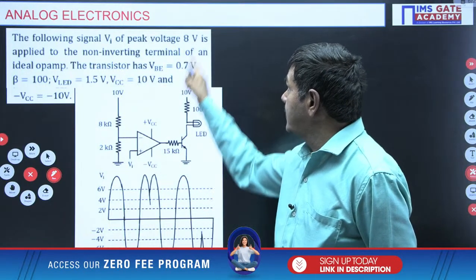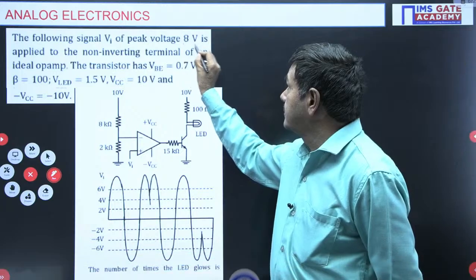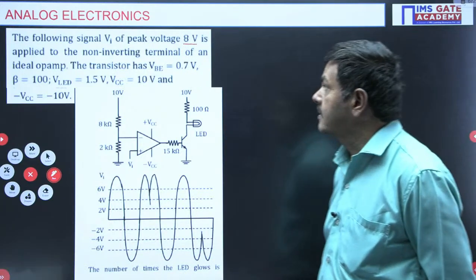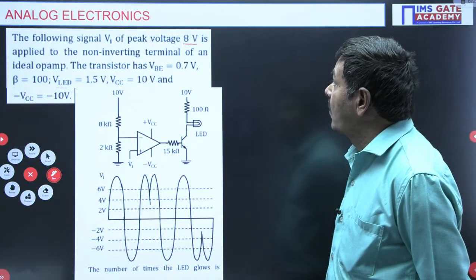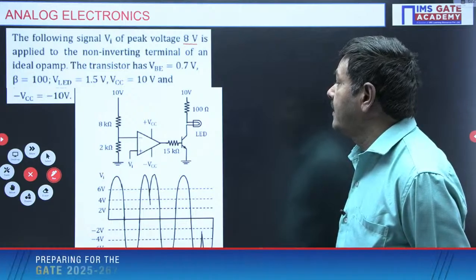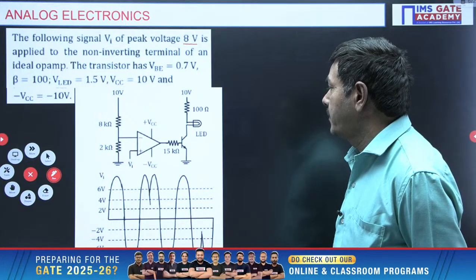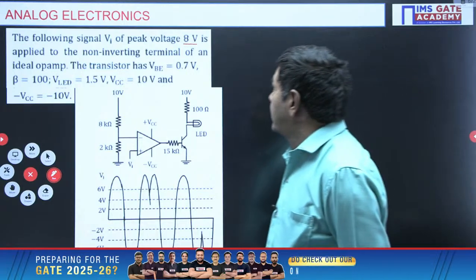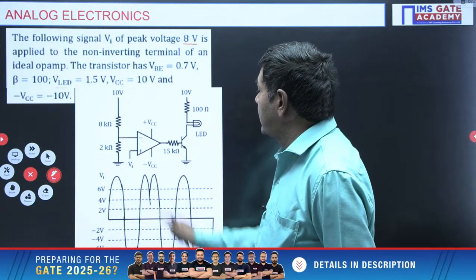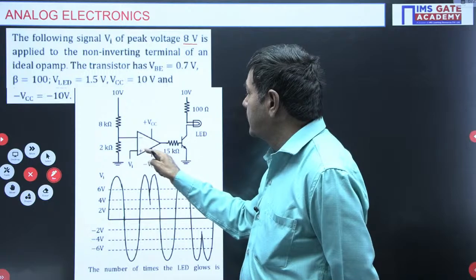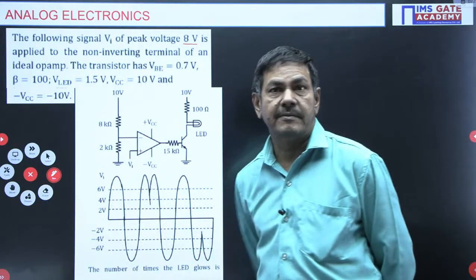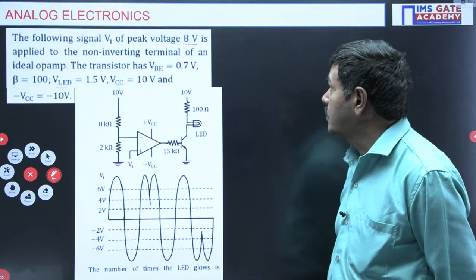Its peak value is 8 volts. This 8 volts is applied to the non-inverting terminal of an ideal operational amplifier. Non-inverting terminal means the positive terminal, so Vi is connected to the positive terminal.